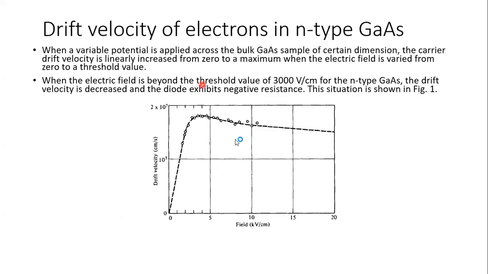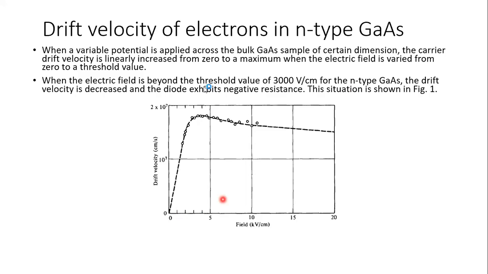Now here you can see that this graph represents field strength versus drift velocity in a sample of N type gallium arsenide. So this experiment was performed by Gunn, and the result is shown here.